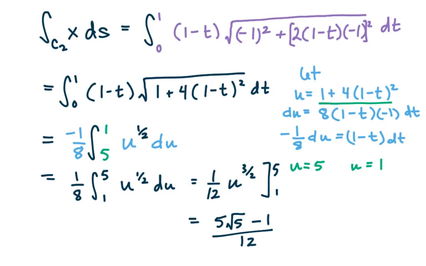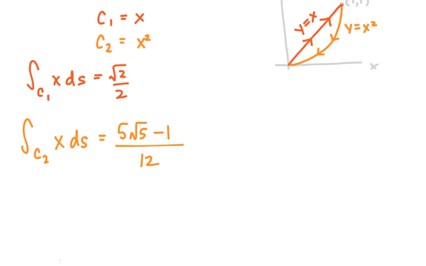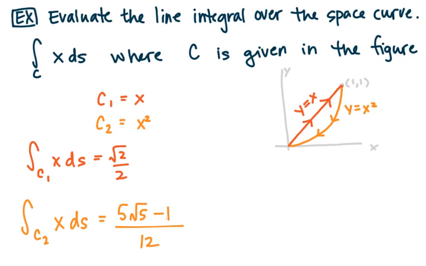So again, I'm going to clean up my screen. I'm going to write that up at the top. So my final answer here, I've got c sub 1 and c sub 2. So there's my line integral across this path, and then along my second path, the line integral across all of c, and c is this entire path traveling this way, going to that point, turning around and coming back to the origin.